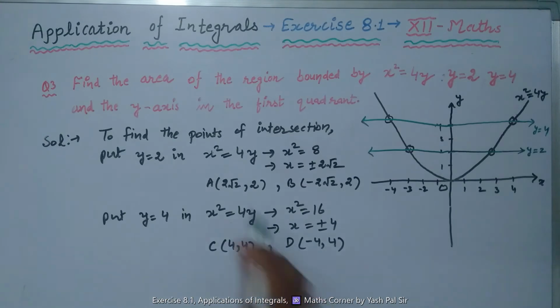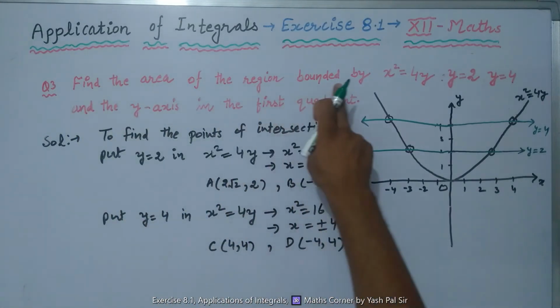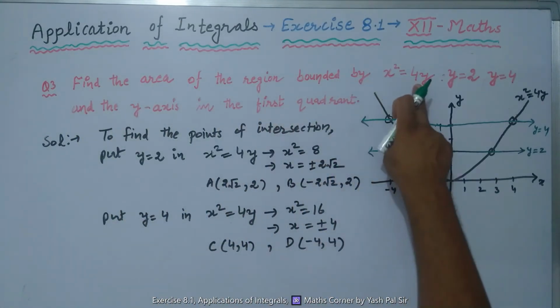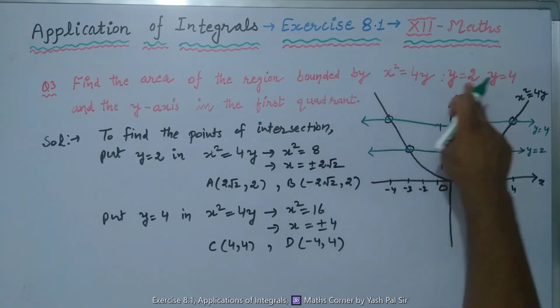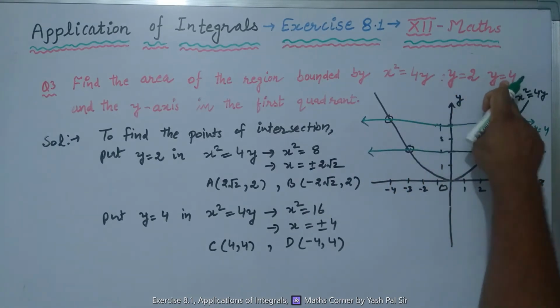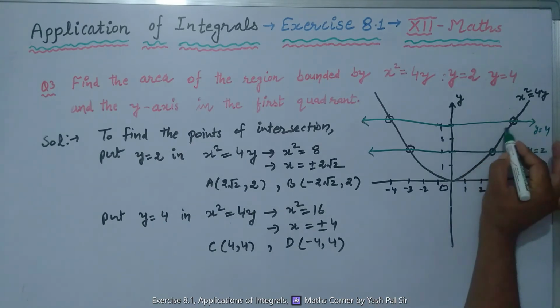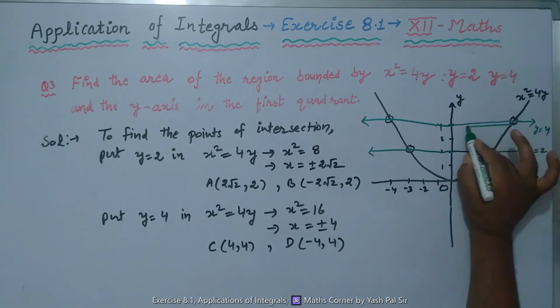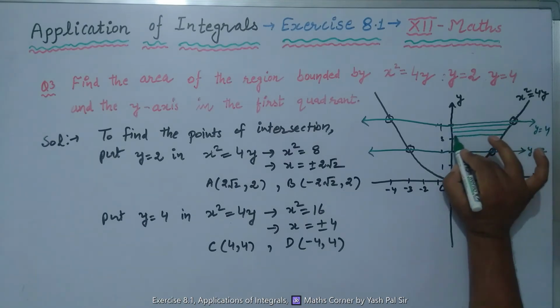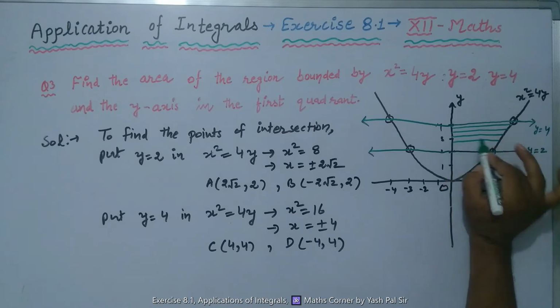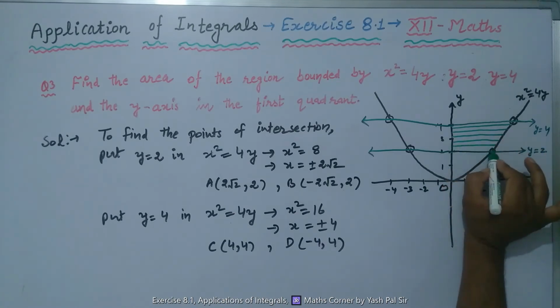Now what is the question? Find the area of the region bounded by x square equal to 4y, y is equal to 2, y is equal to 4 and the y axis in the first quadrant. So from here to here, only this is the portion we are required to find the area of, right?